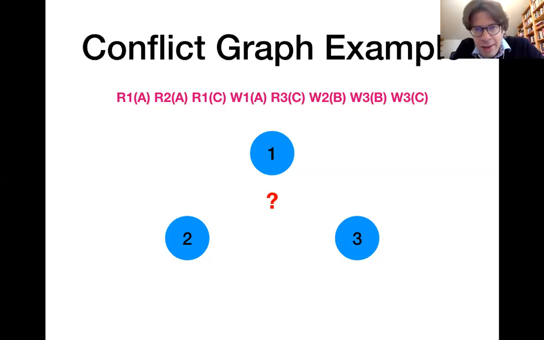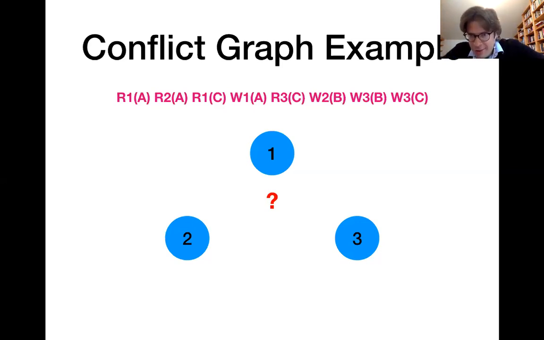So let's see here, R1(C), we have it here. And then W3(C), we have that at the very end, exactly. So here we have the same object, different transactions, and one of them is a write operation. And that means that we want to draw a line from the first transaction to the third transaction.